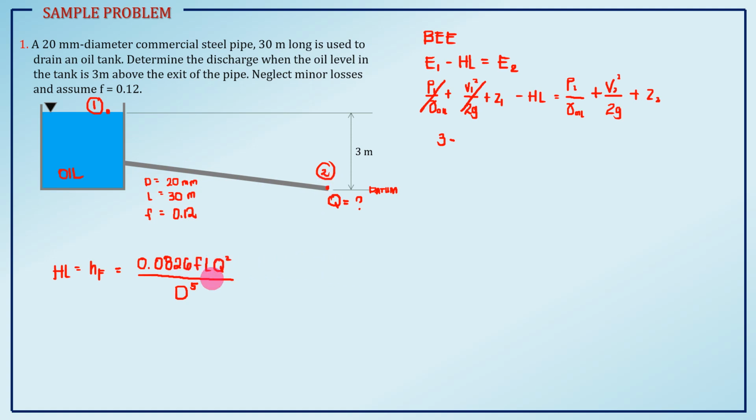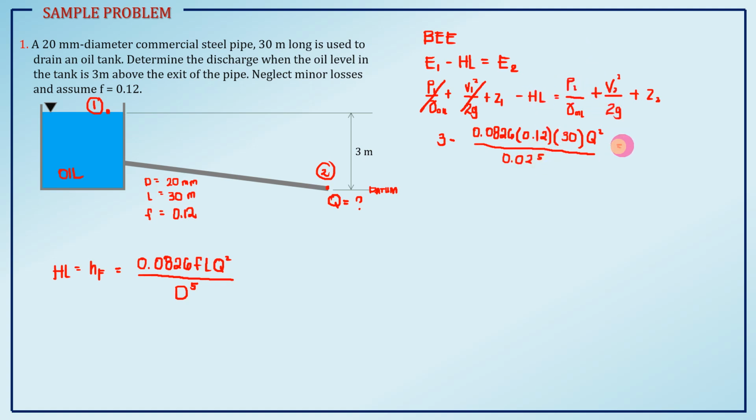So here we will have a variable for Q. Let's put it in the equation: 0.0826, F is 0.12, L is given as 30 meters, Q squared, diameter must be in meters, so we have 0.02 raised to 5. That is your head loss.